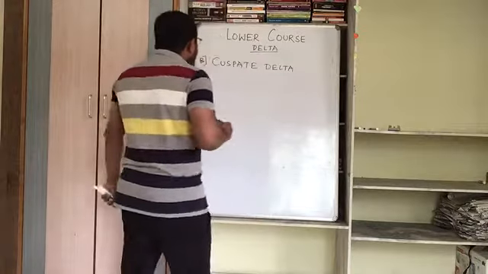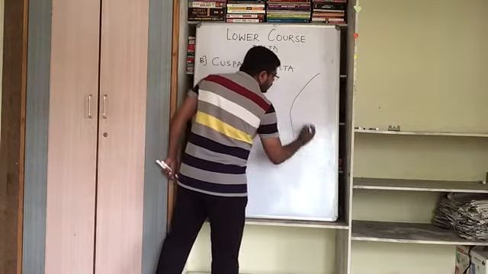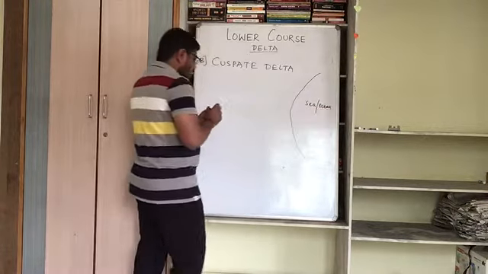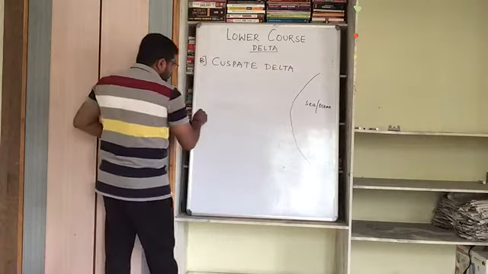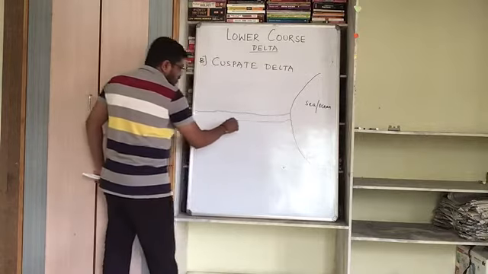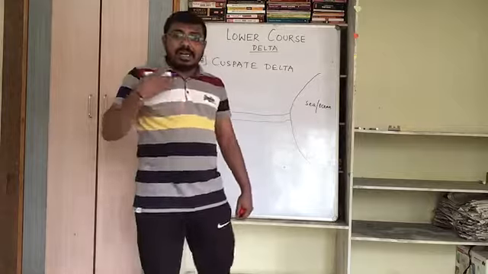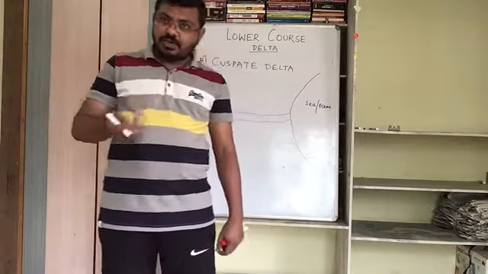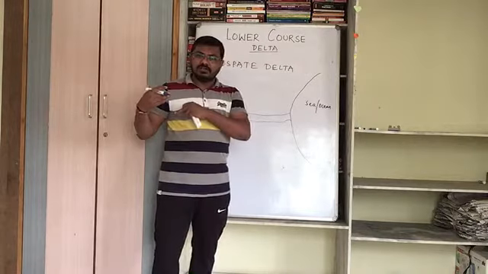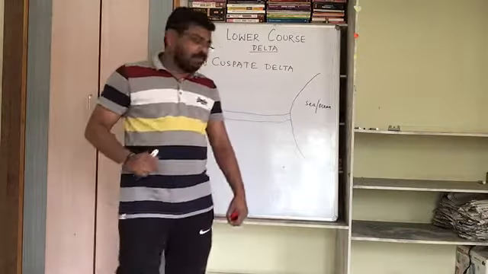The cuspate delta is formed in a way that, for example, if this is the sea coast, the sea or the ocean coast, and the river is flowing from this direction into the sea. The river is flowing here. Now what will happen, because of the strong tides and waves of the ocean, the sediments are going to be deposited back into the sea. So it will form a particular kind of shape.